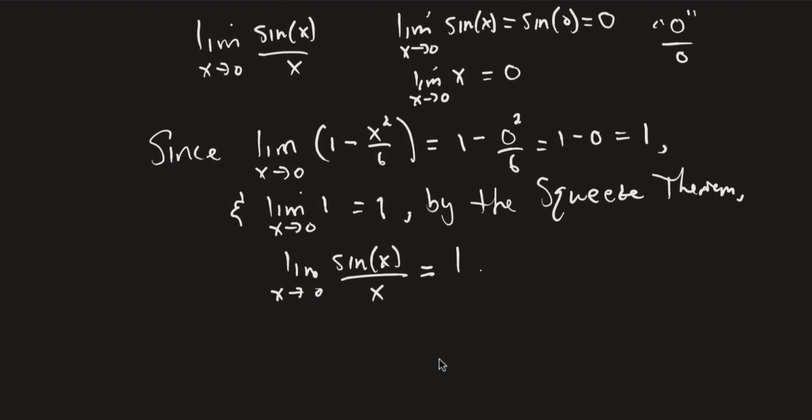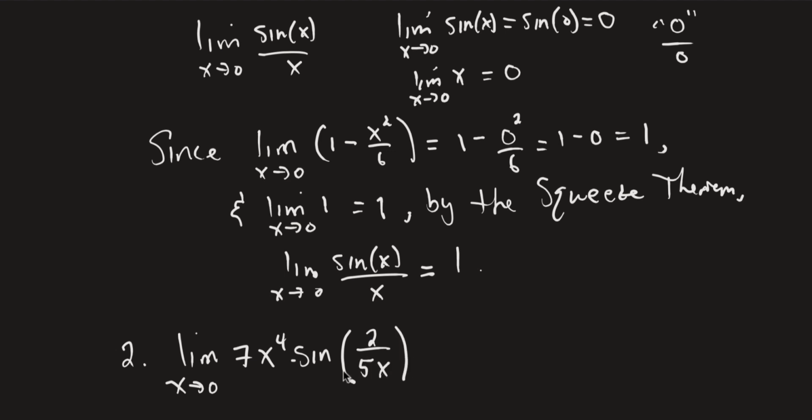Let's look at a second example where it's another limit as x approaches 0, and this one is 7x to the 4th times the sine, and we'll use another trig function. Trig functions happen to show up a lot in a lot of these Squeeze theorem problems, right? So that's the limit that we have to compute.